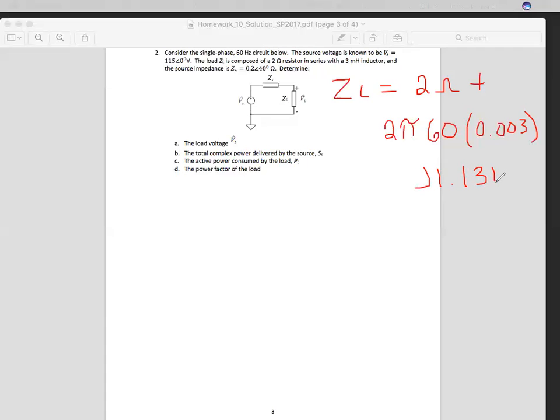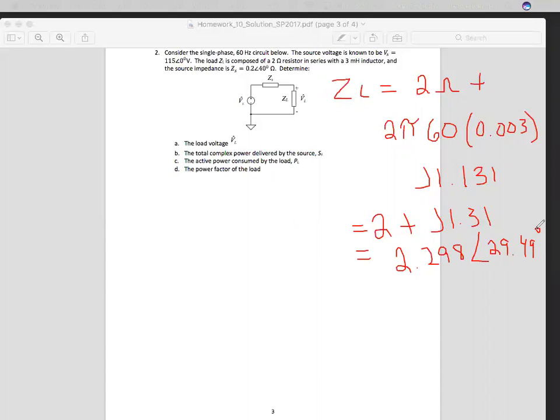So our load is 2 plus j1.131, which is also equal to 2.298 angle 29.49 degrees.